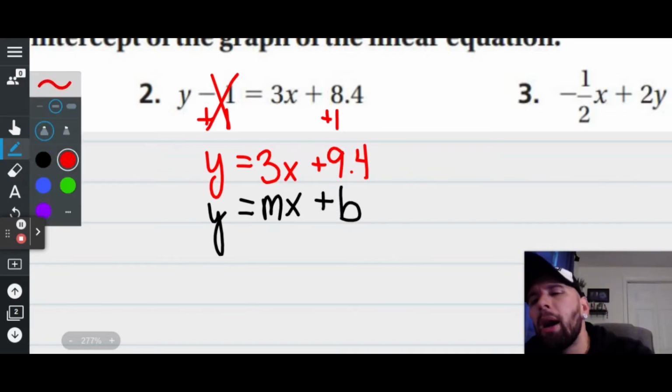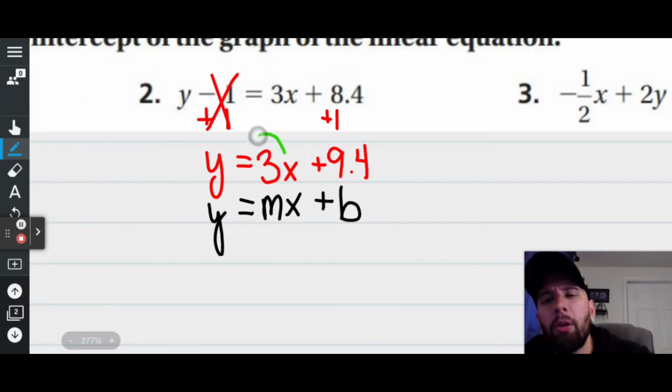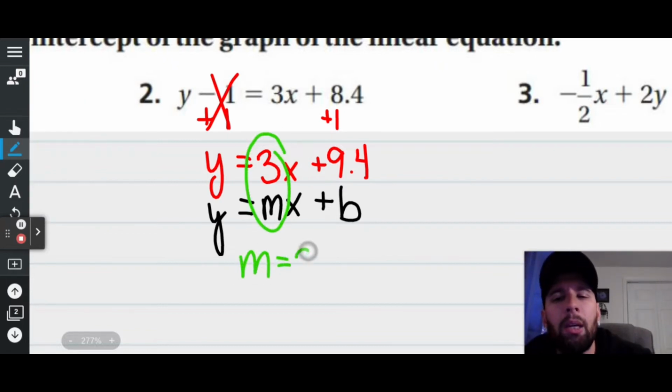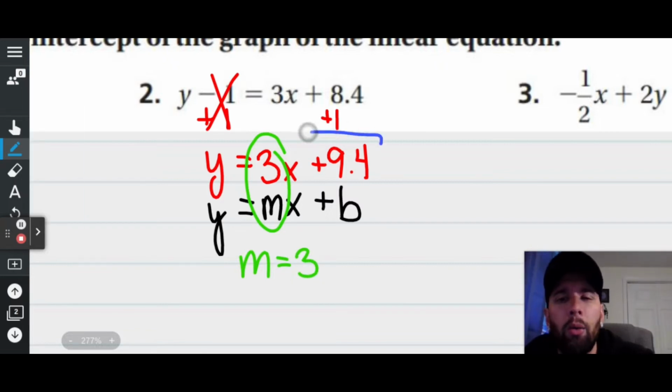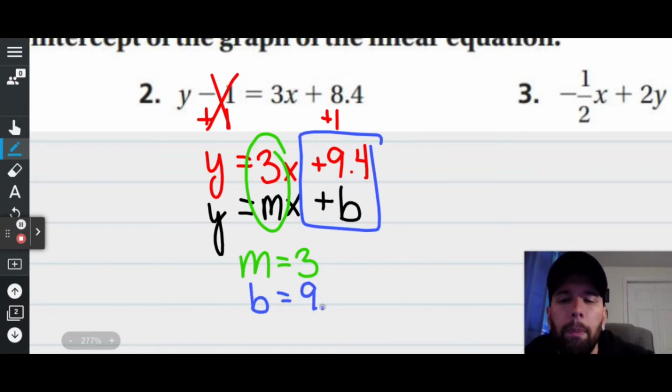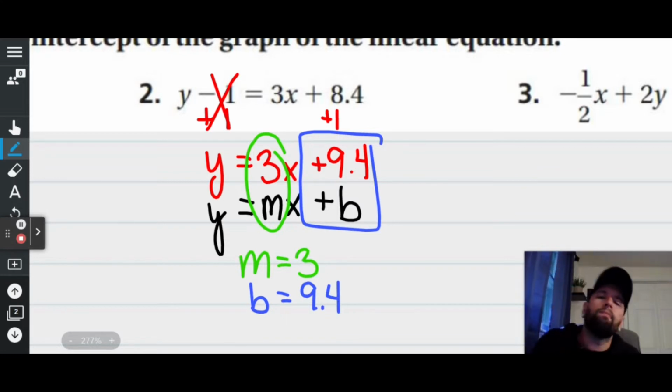Because when y is all by itself, the number in front of x is my slope, so my slope m is 3, and the number floating around is my y-intercept, so b is positive 9.4. Okay?